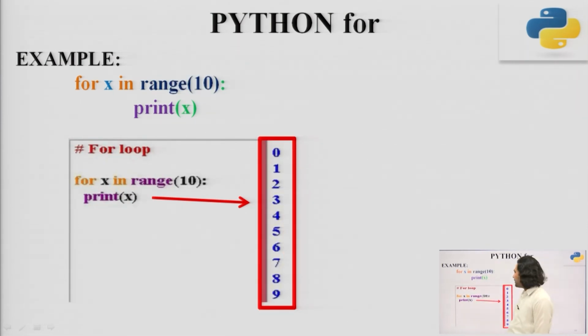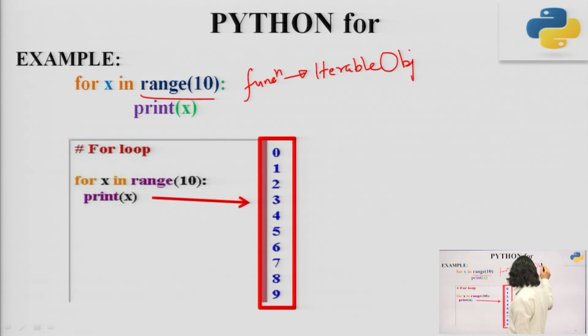Next, you can see range(x) is again a function which provides you an iterable object, and this object is known as a range object.